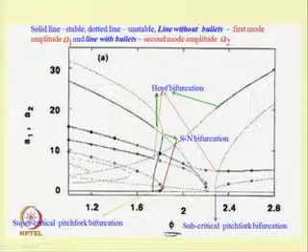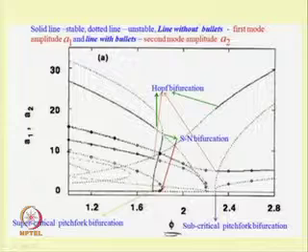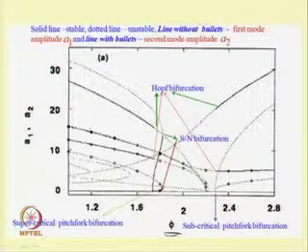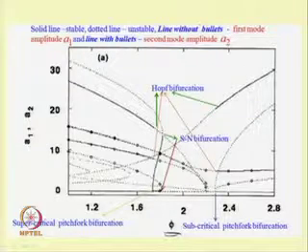So, we have the principal parametric resonance case, and this curve shows the response when the forcing is near twice the natural frequency of the system. The lines with bubbles are for the second mode and the lines without bubbles are the first mode. One can observe many branches of the solution.